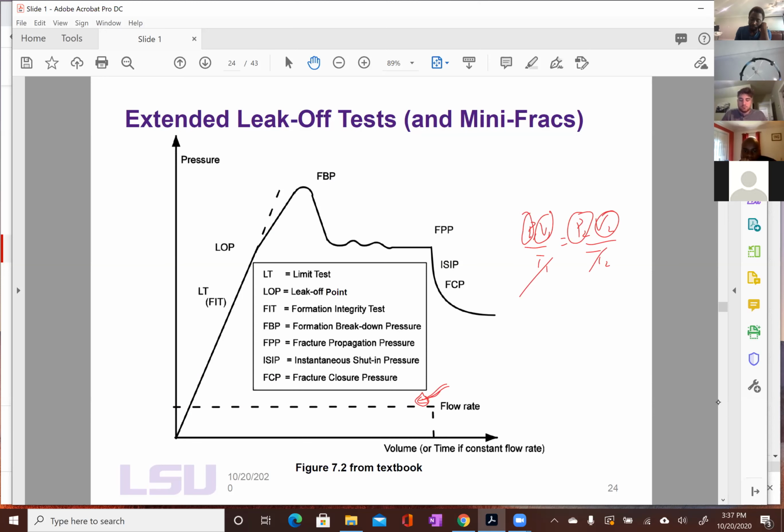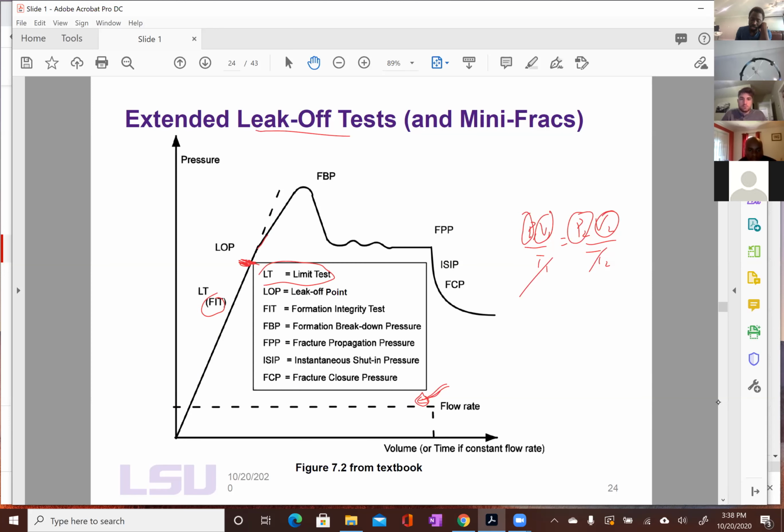So as long as you don't deviate from that slope, as long as the slope doesn't change, you're doing a limit test. So if you conduct a test and you stop here, it's a limit test or formation integrity test. If you exceed that point, then it becomes a leak-off test.